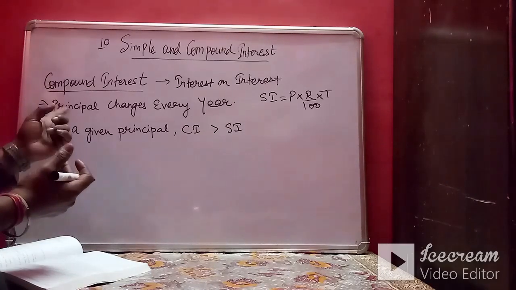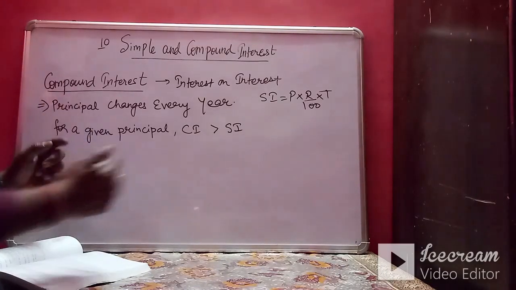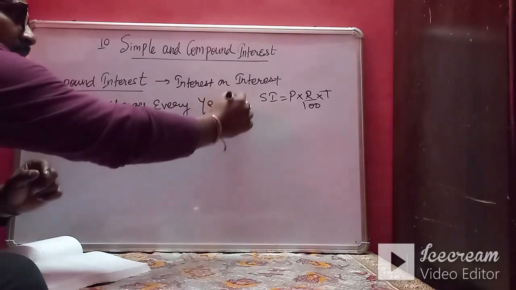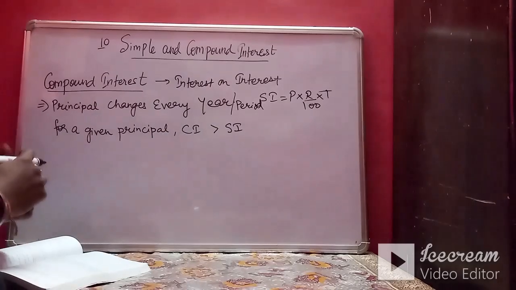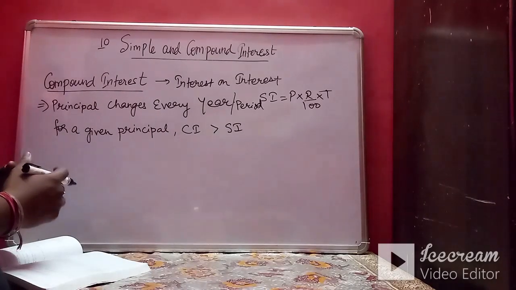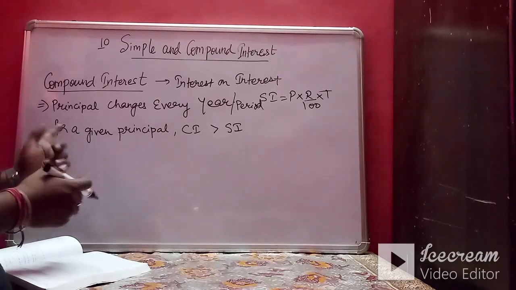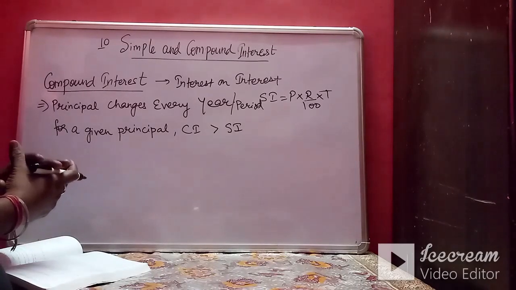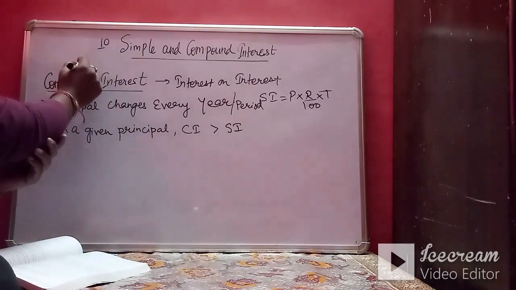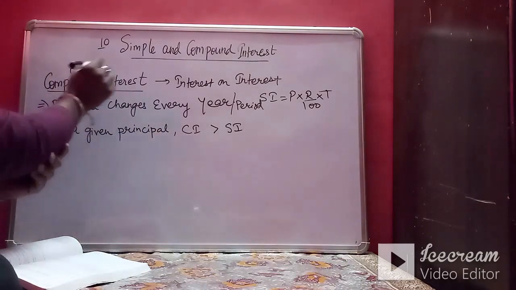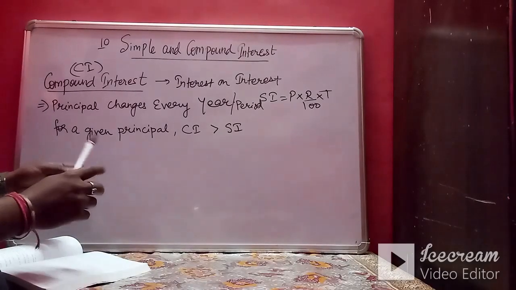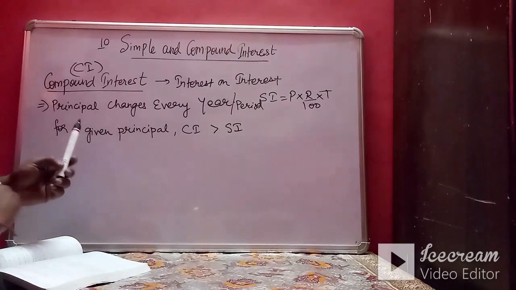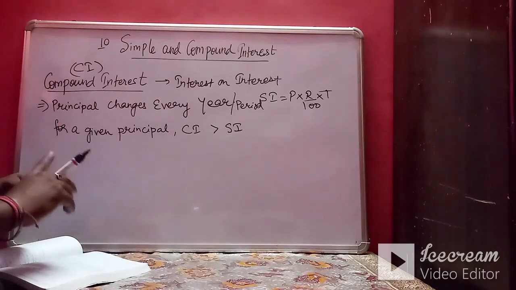That is why the principal changes after every year, or after every time period, whether it is half yearly, quarterly or yearly. Then we can say that for a given principal, CI is always greater than SI. CI I will take for compound interest and SI is simple interest.